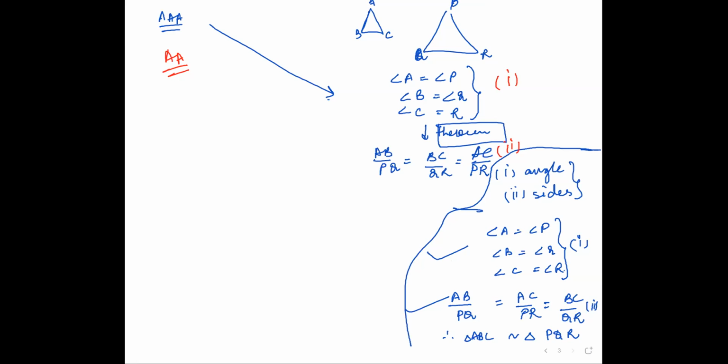Now come to theorem 6.4, Martin, in your book. Now, what does it say? It is actually the SSS criteria. Again, look at the screen, Martin. SSS means side, side, side, right? So it does not mean that we are not talking about angles here. Because what is the theorem saying?